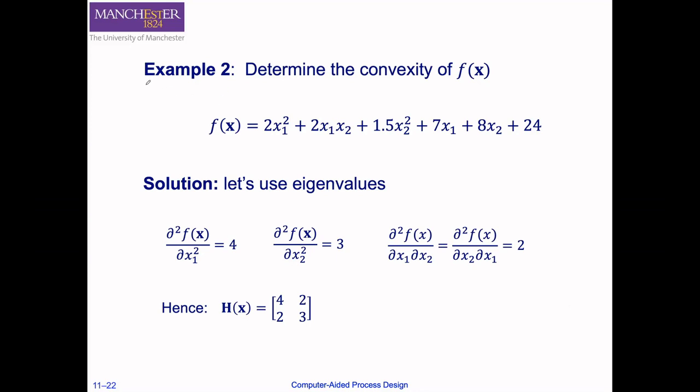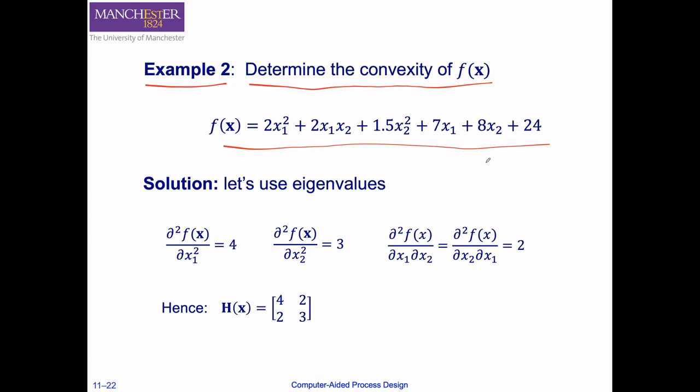Let's look at example 2. In this example 2, we want to determine the convexity of this function f(x). This function is a bit more complicated than the function in example 1.